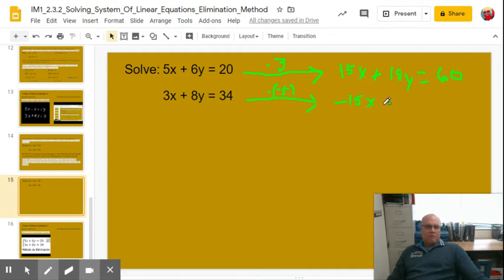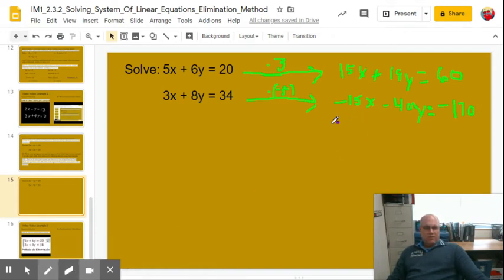And then it's going to be minus 40y equals negative 170. All right, there's our system.